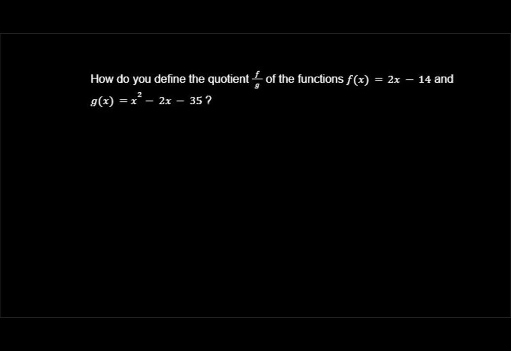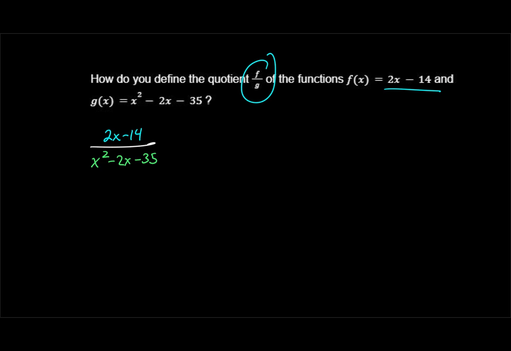To start this off, we're going to set up the expression f over g the same way. f of x is 2x minus 14 over g of x, which is x squared minus 2x minus 35. You'll notice this time I didn't write parentheses, and that's because with the fraction bar, parentheses are automatically implied to be around the top, and same thing for the denominator.